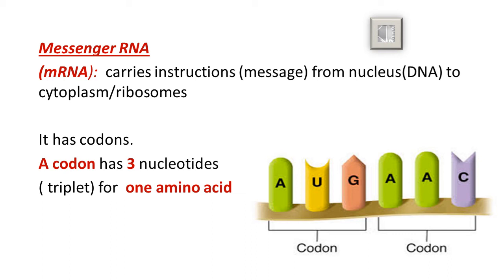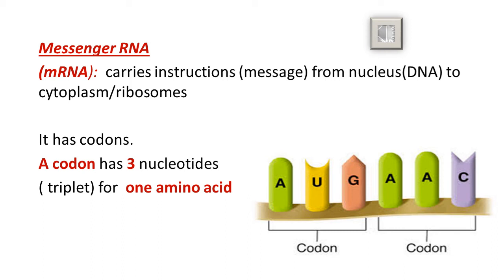Messenger RNA carries a message as a sequence of nucleotides. Here in the picture, it shows an example of a sequence of RNA nucleotides that indicate the message of DNA: A, U, G, A, C.